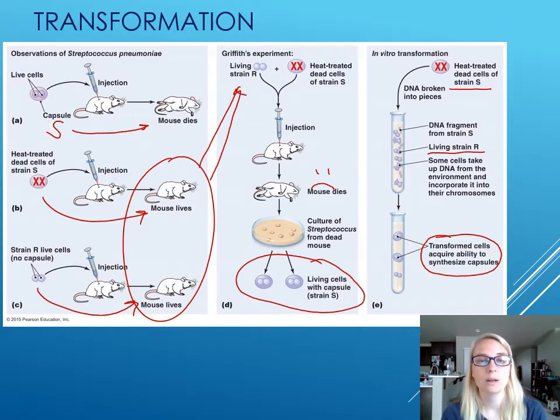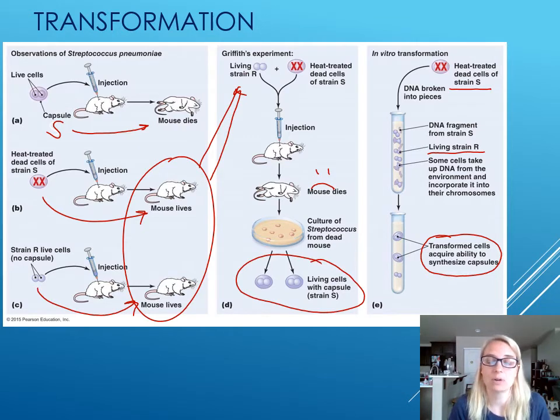He's like, okay, so something about the DNA codes for the characteristic of the capsule. And not only that, but the living cells can take up these environmental pieces of DNA, incorporate them into themselves, and start expressing whatever genetic information was on those little bits of DNA.